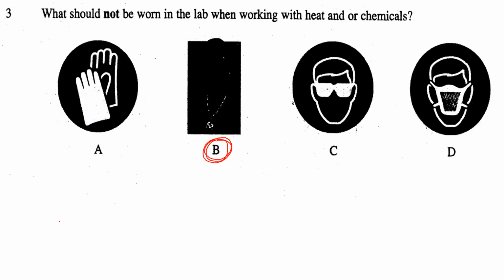Okay, there we go. Excuse me, Mr. Petit. Go ahead. Is it possible for you to label A, C, and D? Is that gloves or safety? That's gloves, a necklace, glasses, and a mask.